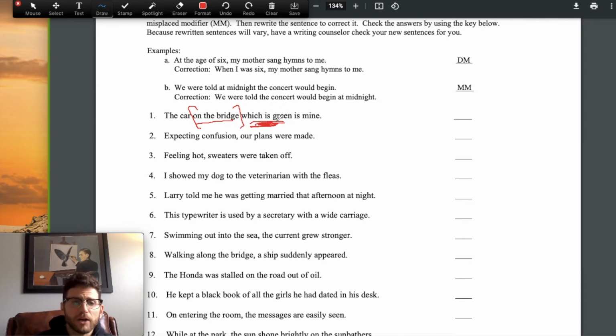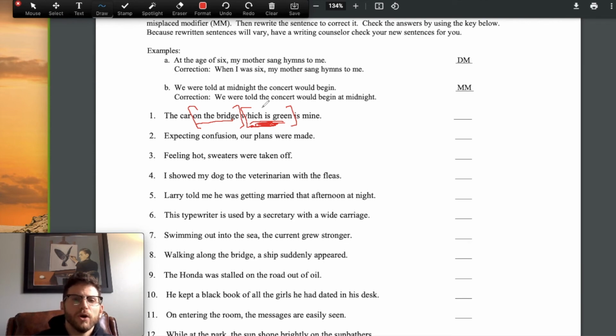Which is green is a modifier. I would count this as a relative pronoun. We didn't talk about this, but this is another way you could introduce adjective information into sentences, with a relative pronoun like which, that, who, whom, which we've spoken about.